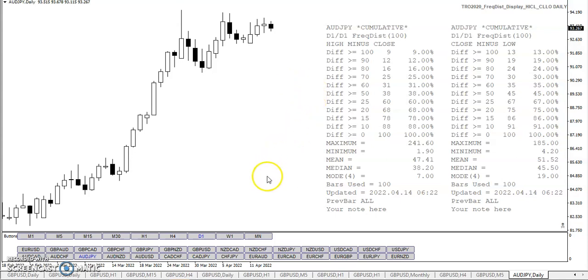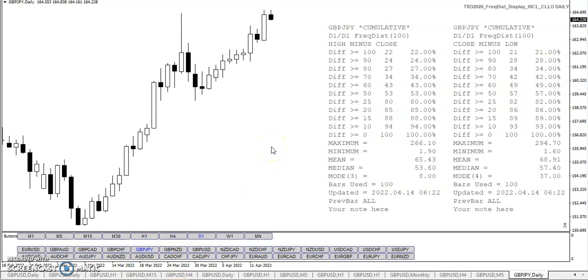Okay, I'm trying to see, is there any other pair? And we should probably look at the beast. So you can see with the beast at 20, even up to 25 pips, high minus close, close minus low for the rat zones, you're in that 80% or better, 4 out of 5 times.